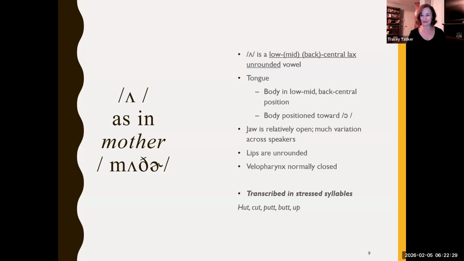A lot of descriptors here, and it's lax. So you can make this without much movement, right? So, ba. Your tongue is almost close to where you would make, as you can see here, your body's positioned towards the aw sound.